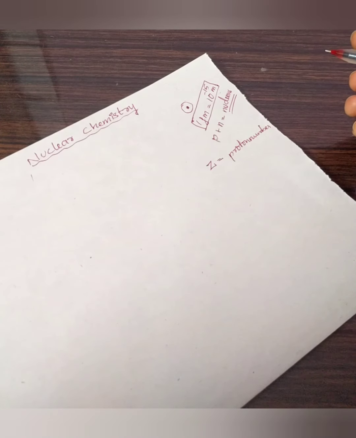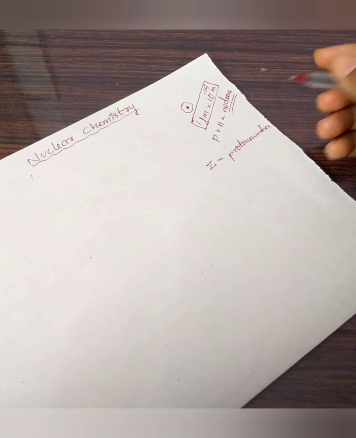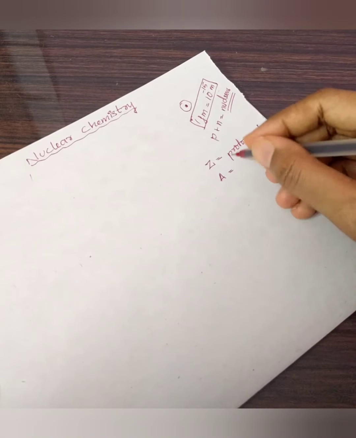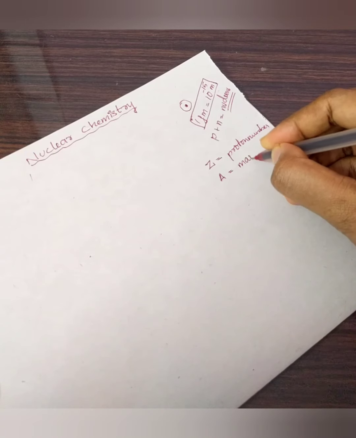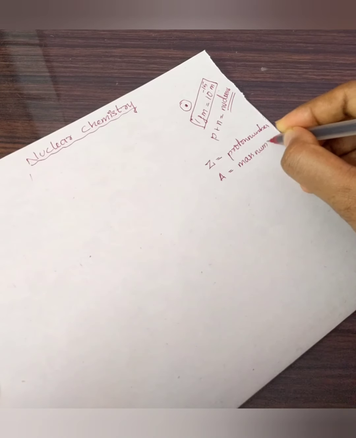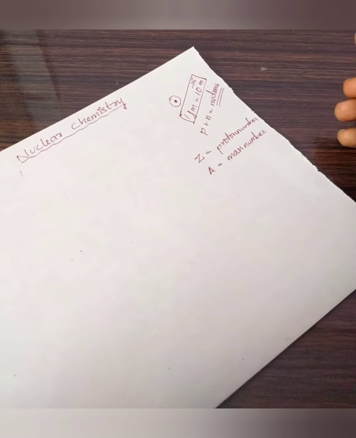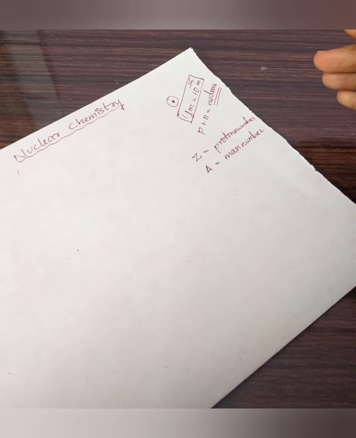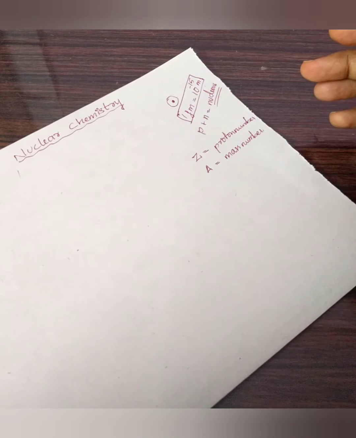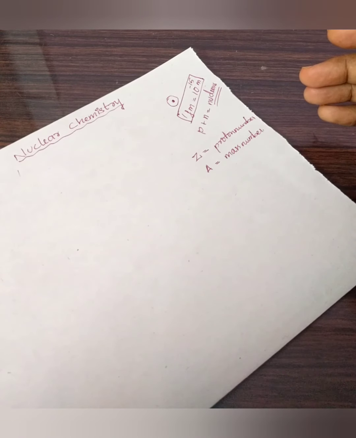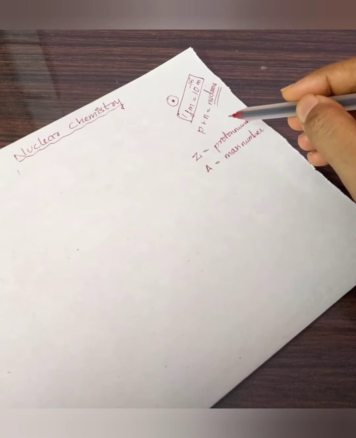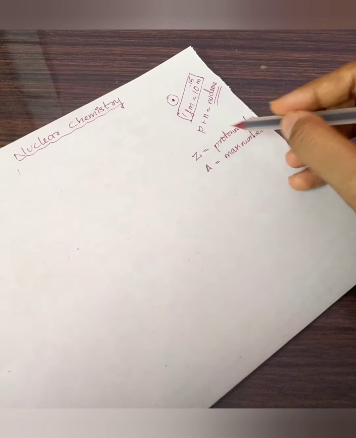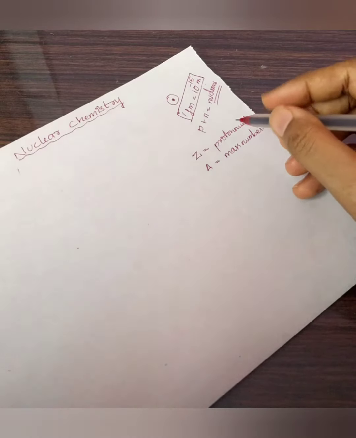Then the sum of protons and neutrons inside the nucleus is known as the mass number, which is represented by A. Then we can say a species of atom characterized by the constituents of its nucleus, that is the number of neutrons and protons it contains, is known as a nuclide.